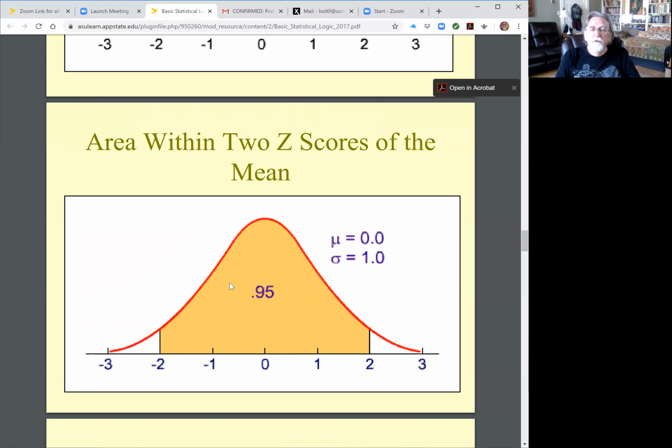We call this, it's called a lot of things, but I just call it the area of commonality, because we would say that these things in here, this 95%, are not statistically different from each other, or not significantly different from each other, any 2 values in here.